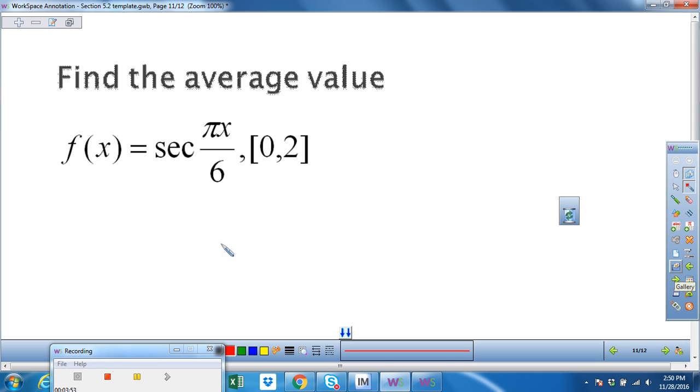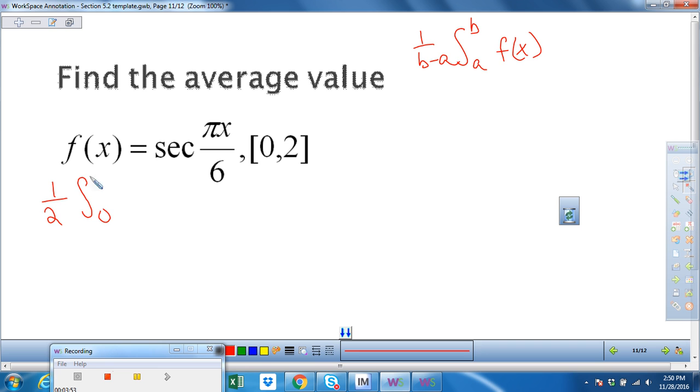All righty, finding the average value. So remember the formula for average value is 1 over (b minus a) times the integral from a to b of f of x. So this would be 1 over 2 times the integral from 0 to 2 of secant of (pi x over 6).